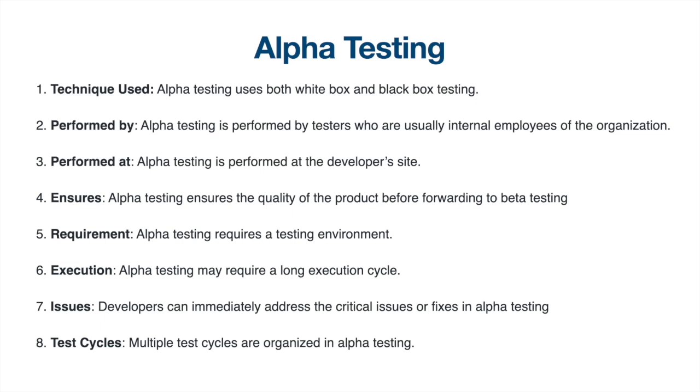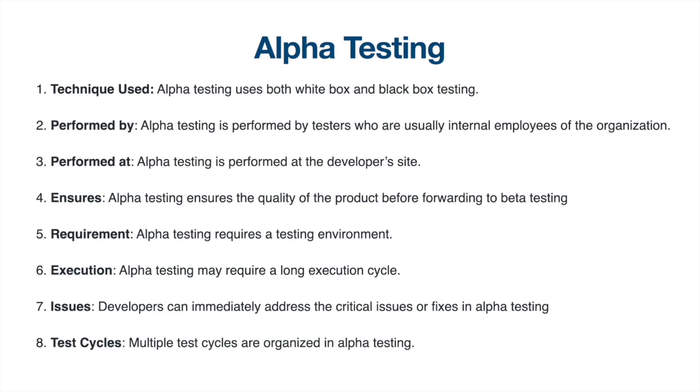The issues can be addressed directly to the developers so they can fix them before proceeding, because critical issues may cost very much. They have to take care of all the business scenarios. They cannot afford defect leakages where the happy path or the business scenarios are not working. So it's not acceptable. All the issues should be fixed in alpha testing.